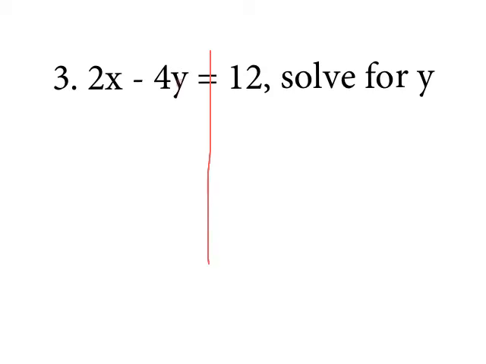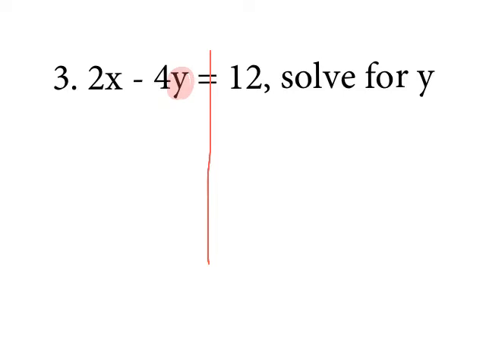So trying to get this y all by itself. What do you guys think should be my first piece to get rid of? So we have either the 2x or the negative 4. Generally, do we get rid of addition subtraction first or multiplication division first? Talk to me, guys. We usually get rid of multiplication division first.